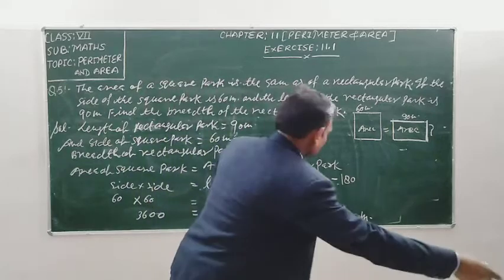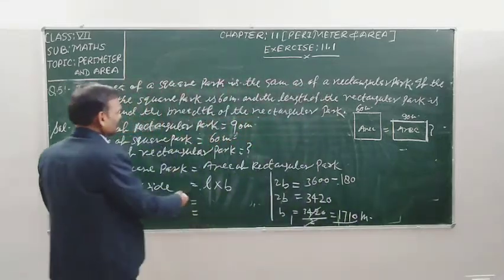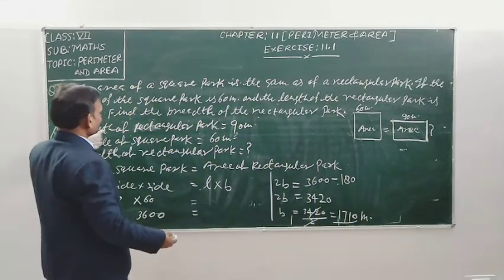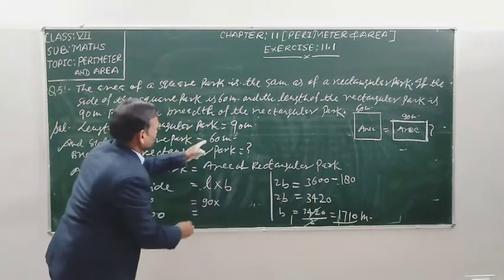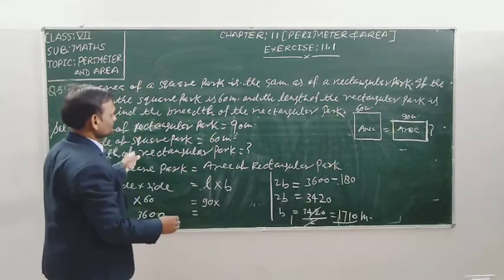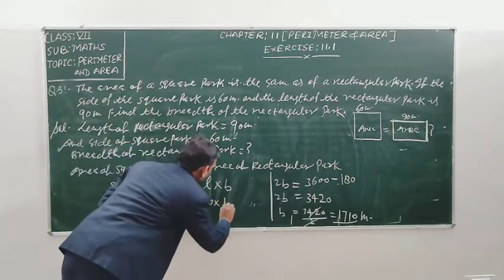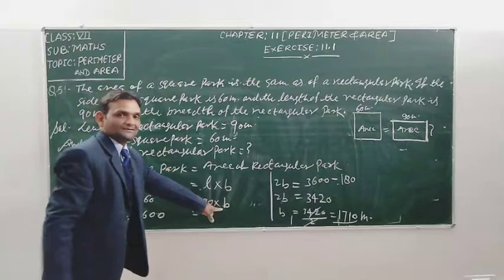Length is given, 90, into breadth, but breadth is not given, so we need to find out the breadth.